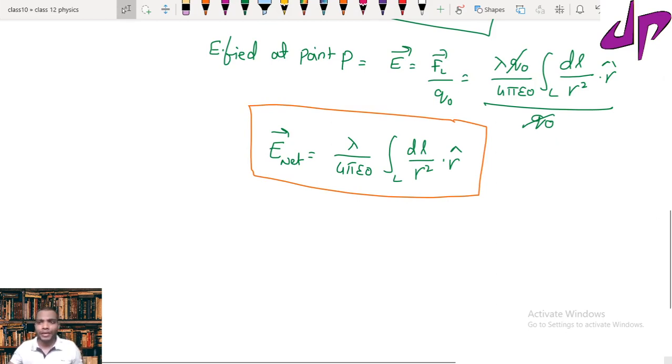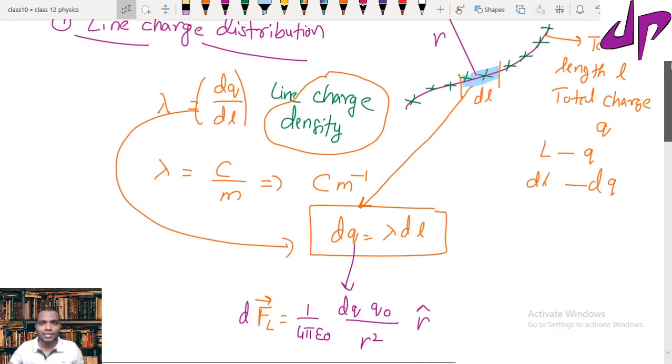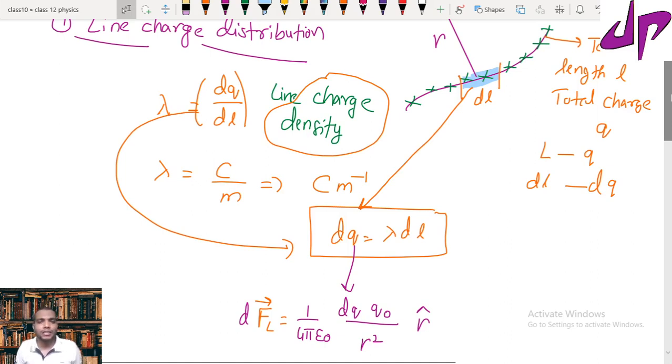Here we introduced a new definition, known as line charge density, which we define as charge per unit length. We represent that as lambda equal to dq by dl.